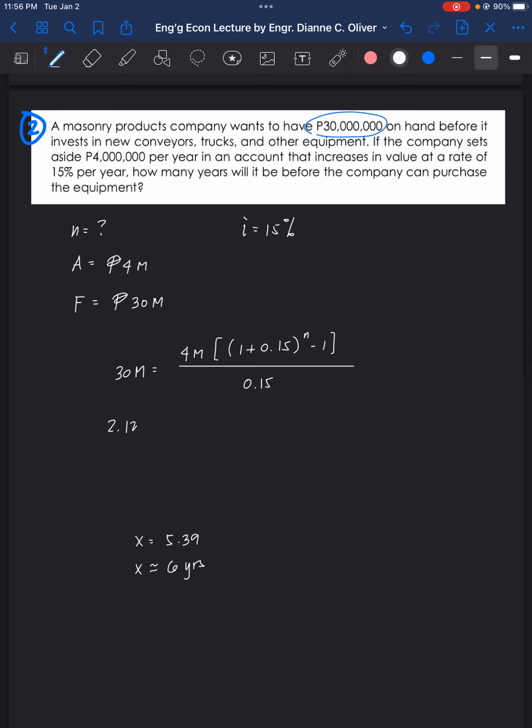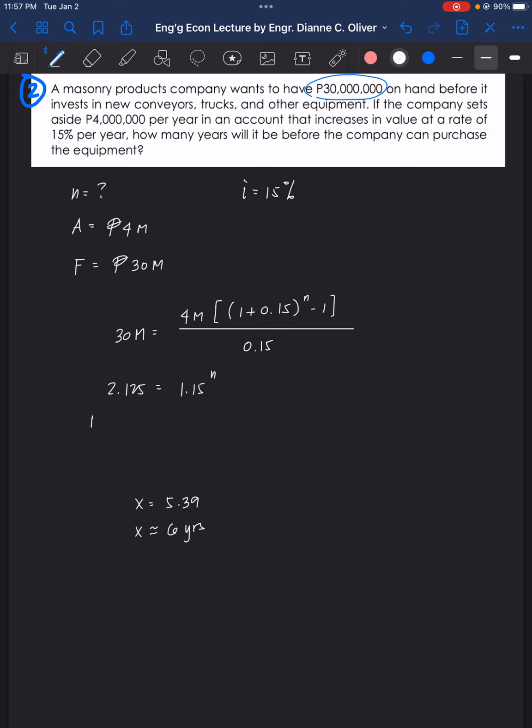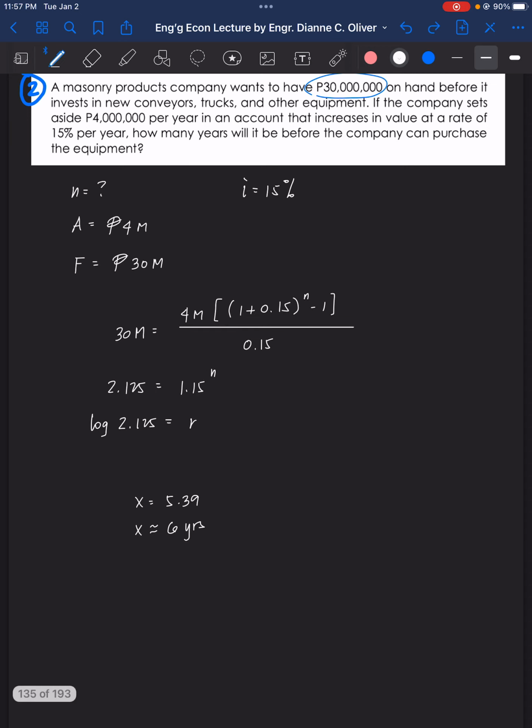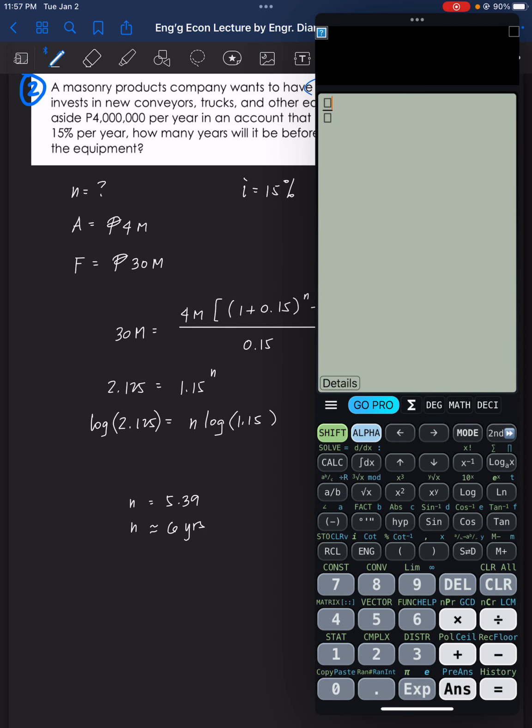So 2.125 equals 1.15 raised to n. And what will happen here is that we will use logarithms. Log of 2.125, then bring down the exponent, n log of 1.15. So the value of n becomes log of 2.125 over log of 1.15.